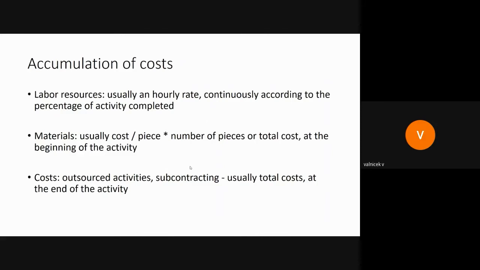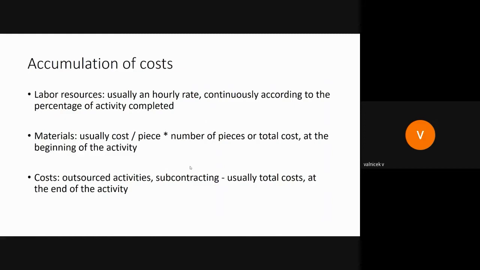Materials, they are usually costed by piece, multiplied by number of pieces. Then we have costs for outsourced activities and subcontracting. These are all called the direct costs, which are really, really simple and easy to calculate.